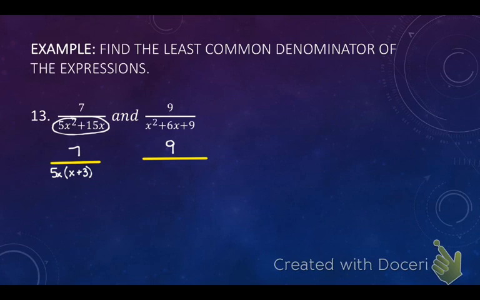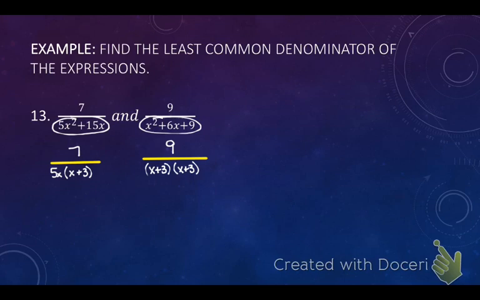Of x squared plus 6x plus 9, it factors out to x plus 3 and x plus 3. Now, I like to write two of them just so I can tell myself how many of these I need. So I want to look at each individual part.